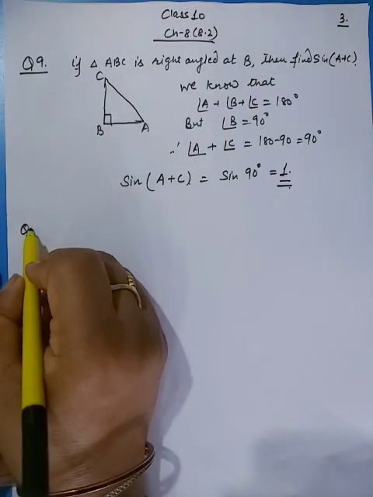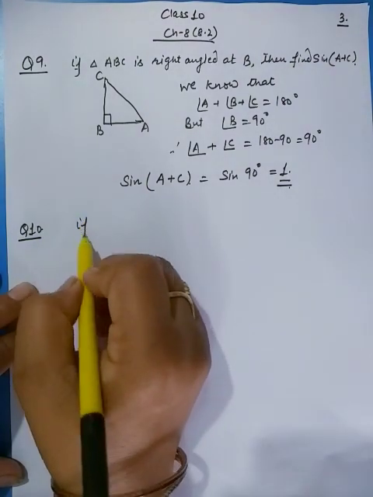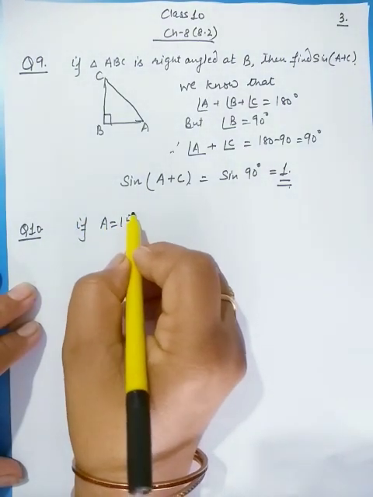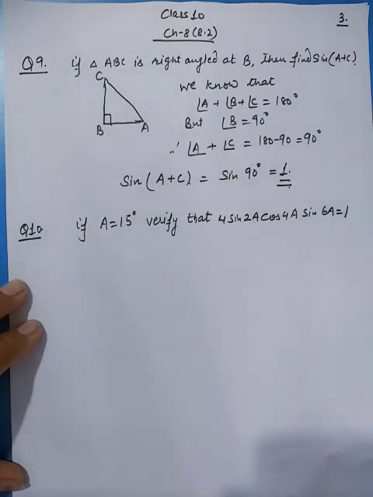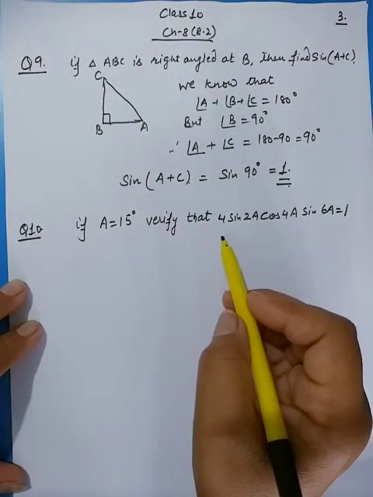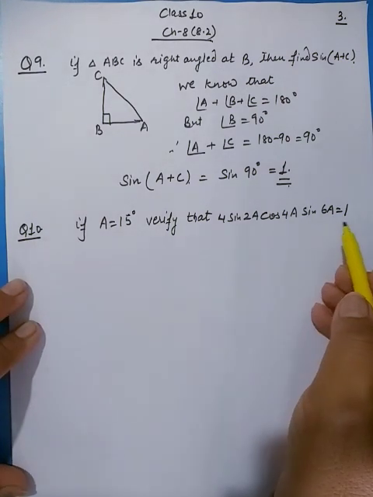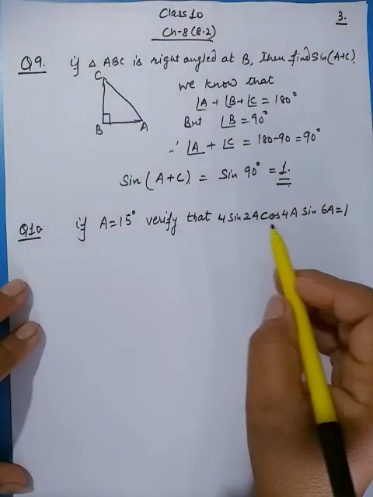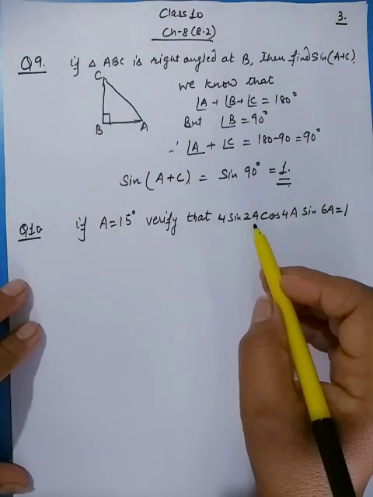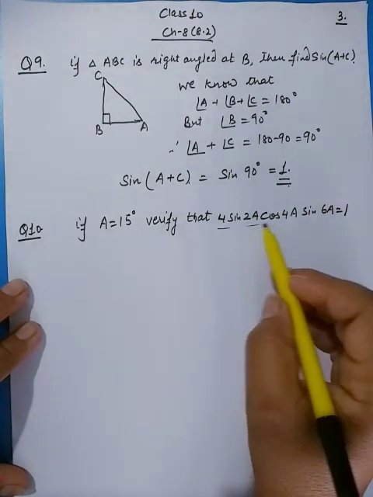Now question number 10. If A is equal to 15 degree, we have to verify 4 sine 2A, cos 4A and sine 6A is 1. So to verify that, first of all we have to solve this one.